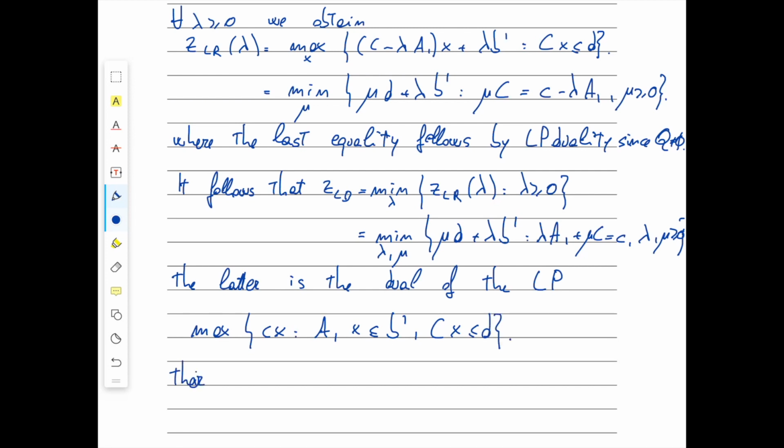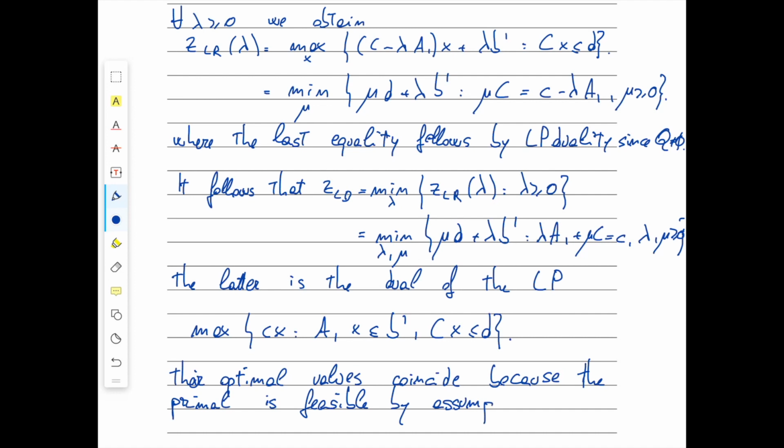So their optimal values coincide because the primal is feasible by assumption. And that's it. Let's go back to the slides.